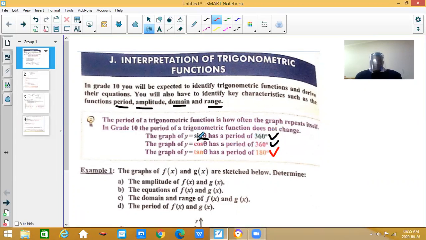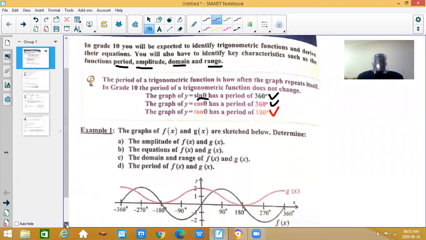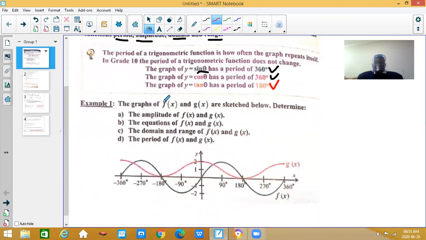Now, with this in mind, we are going to look into this example and analyze what we are supposed to do. You are given the graph of f(x) and g(x). Which one is our f(x)? f(x) is this graph here, drawn in black color.